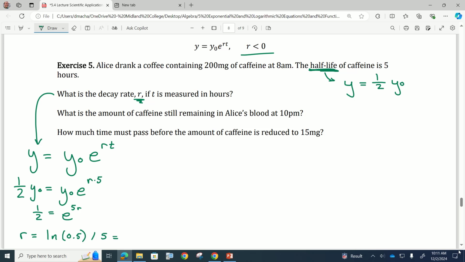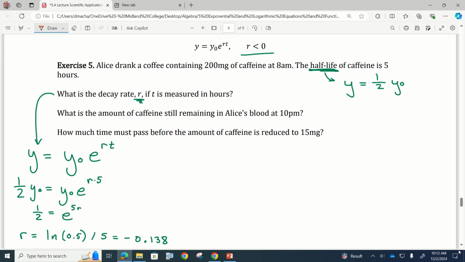And that is 0.138? Yeah, there you go. That's my decay rate. If I have a half-life of 5 hours, then I would write r equals negative 0.138.